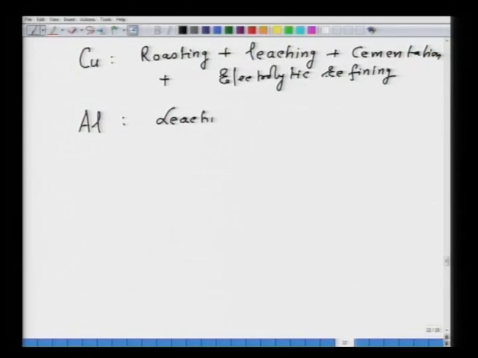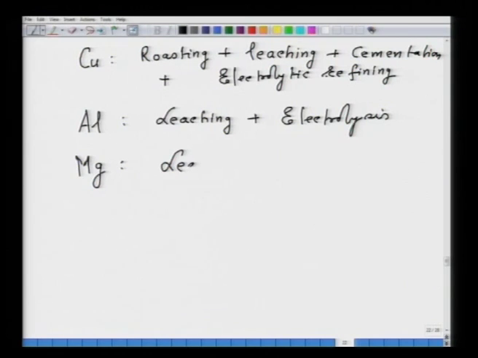So, you have leaching plus electrolysis. Similarly, for magnesium, you again follow the route of leaching plus electrolysis.